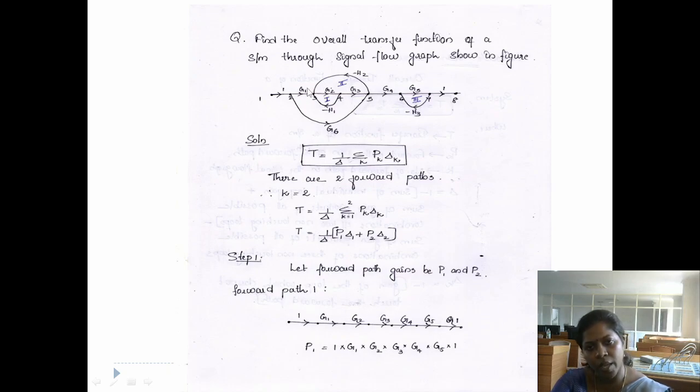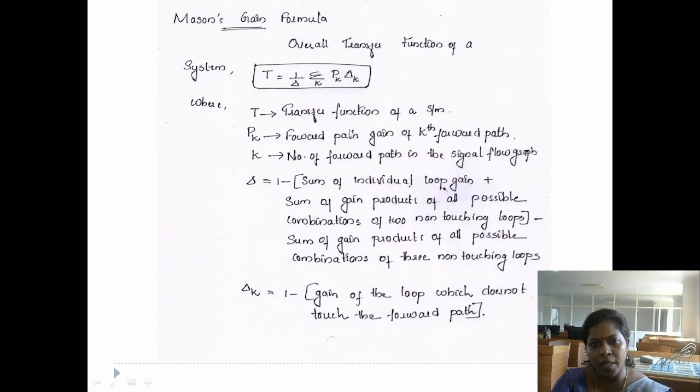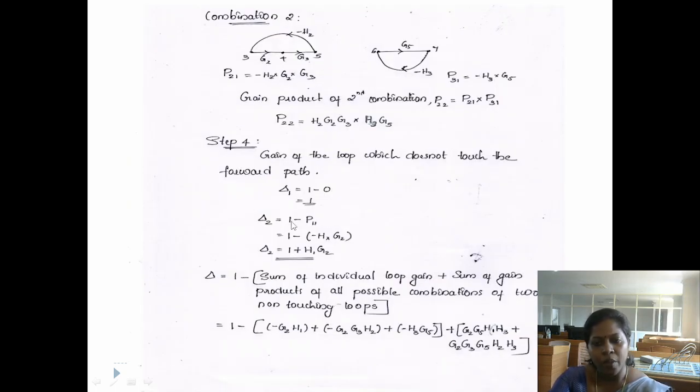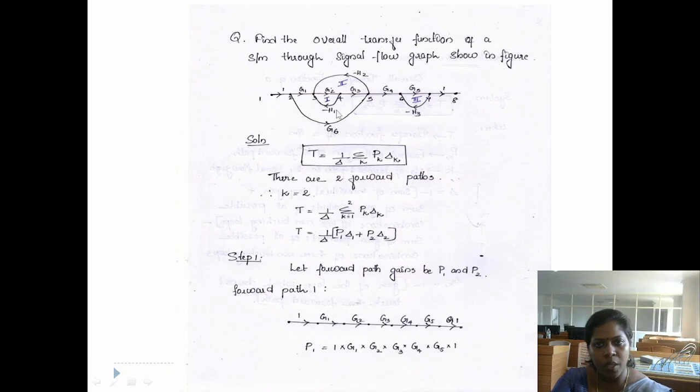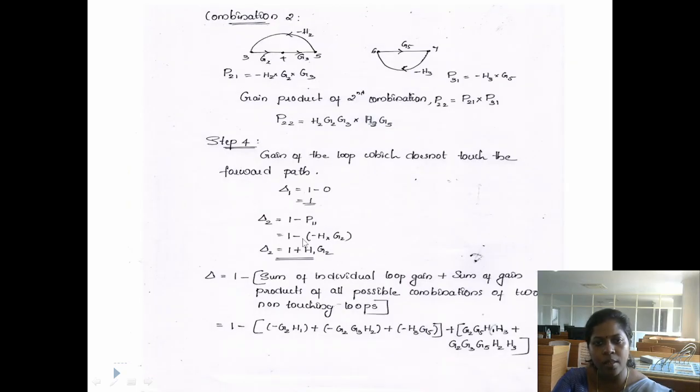So we have only one loop which does not touch forward path 2, that is loop number 1. So the formula becomes 1 minus the gain of loop 1, that is P11. The gain of loop 1 is minus H1 into G2. So delta 2 is equal to 1 plus H1 into G2.